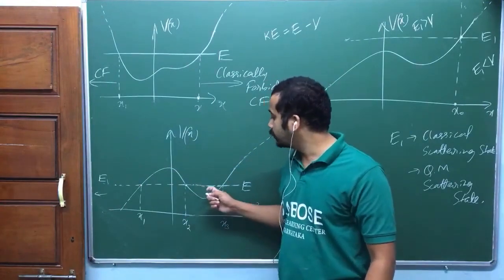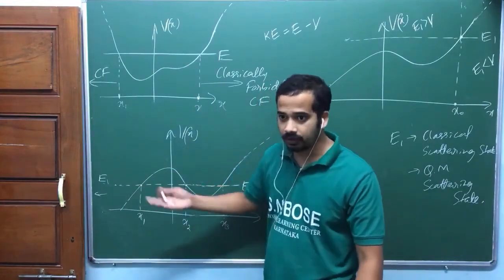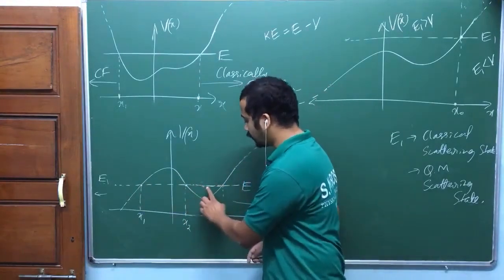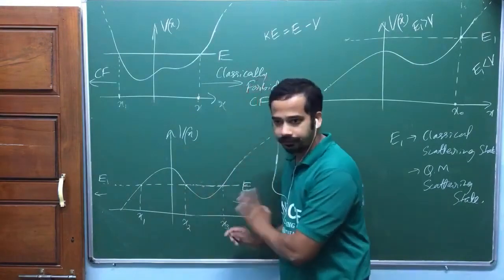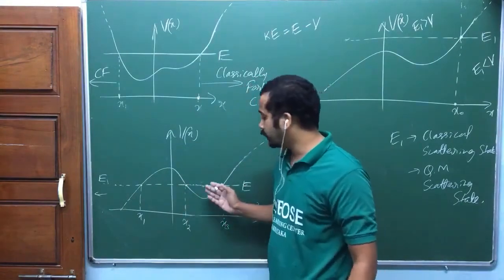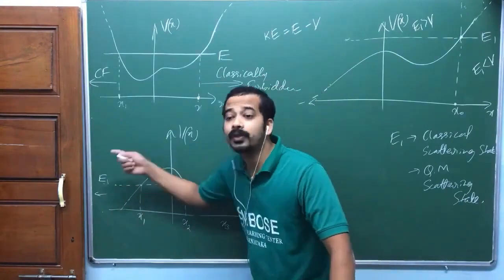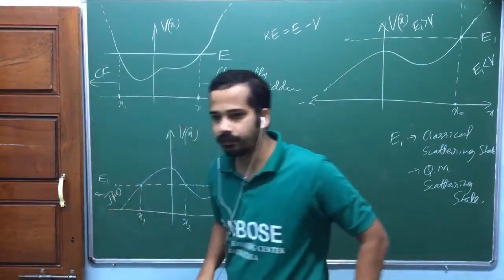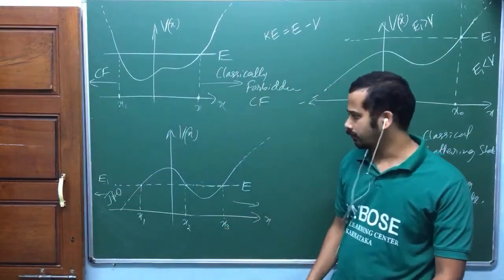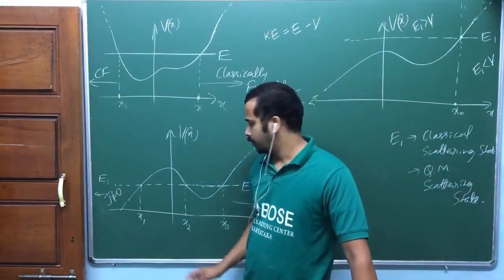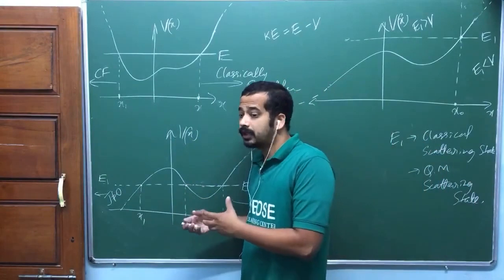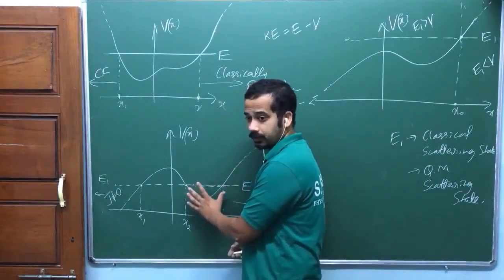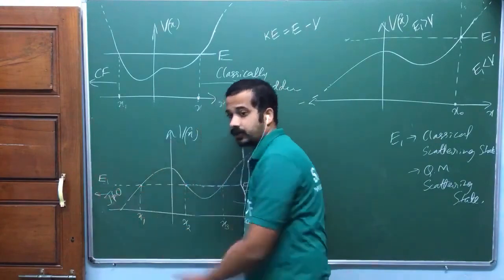What will happen is, I'll talk about current density, not current. You can define current density maybe here or here, but not in the forbidden region. What I'm saying is the particle can go here. Once it goes here, your J will be non-zero. Quantum mechanically there is a possibility that if you leave the particle here, it can go into this region also.